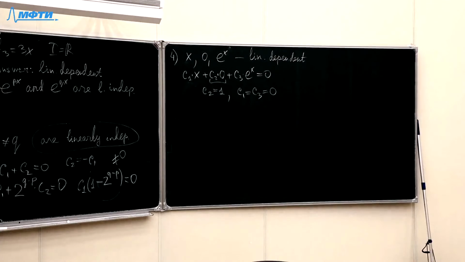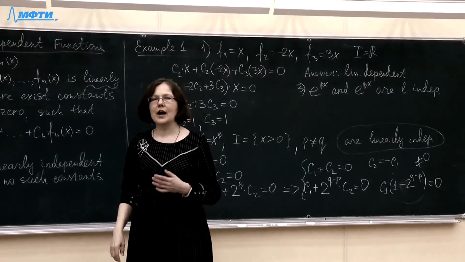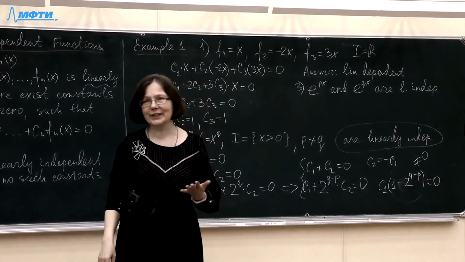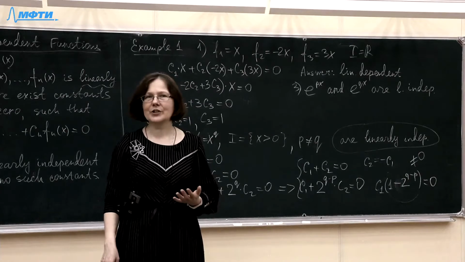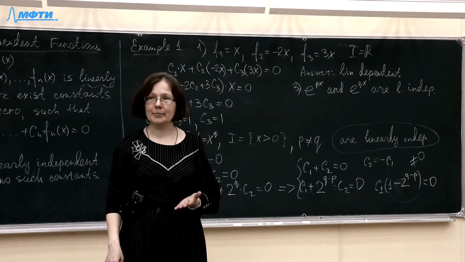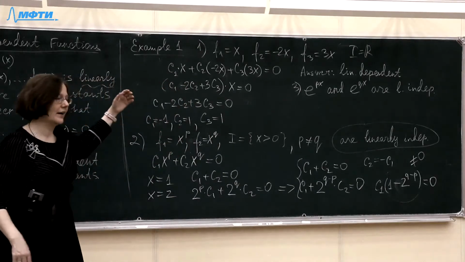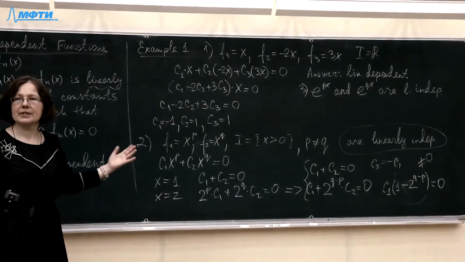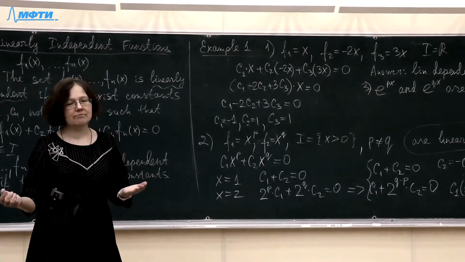But we want an algorithm to answer the question how to check quickly whether the given set of functions is linearly dependent or independent. So not by hand, right? It's a complicated procedure.